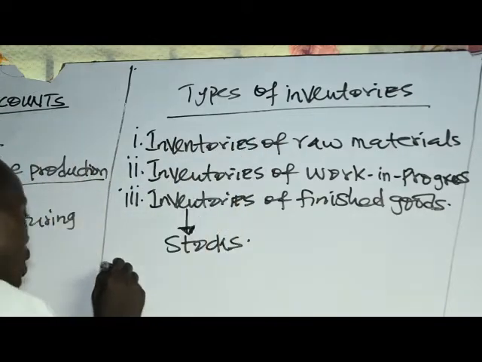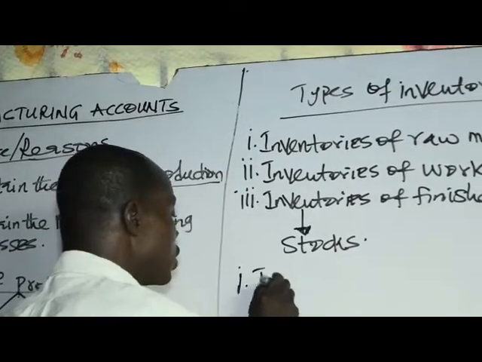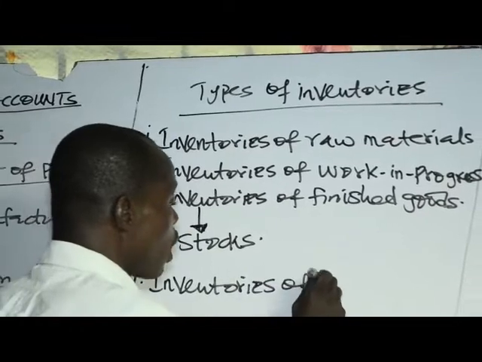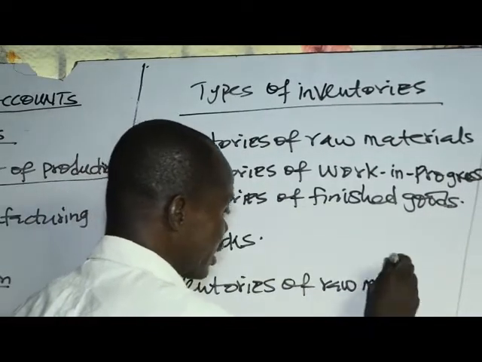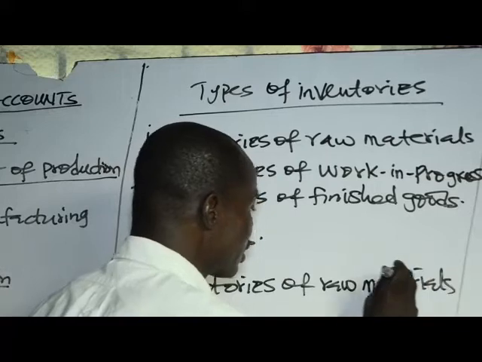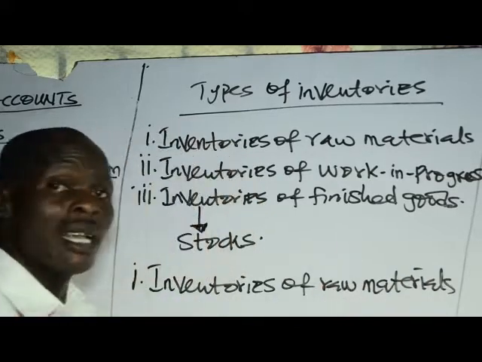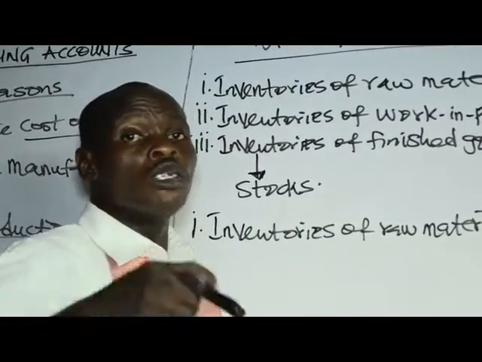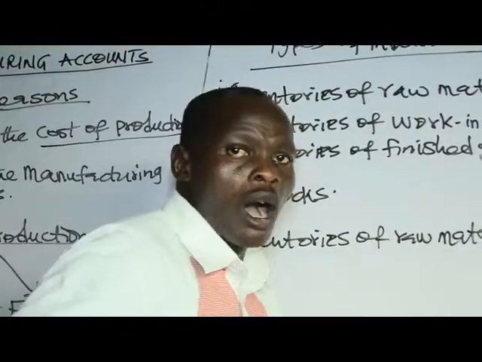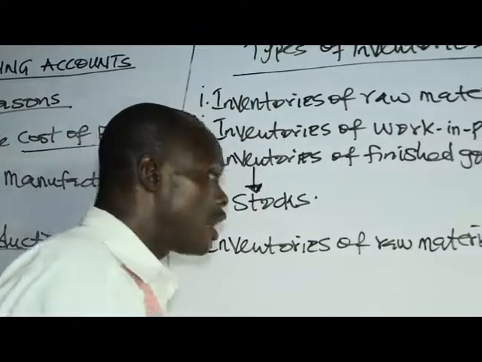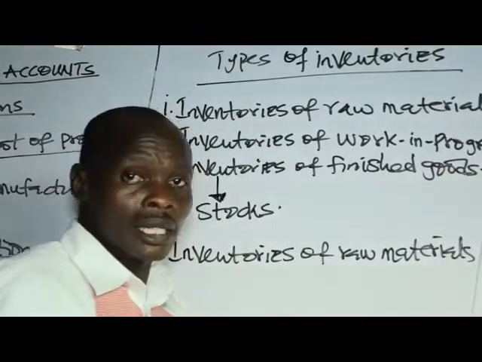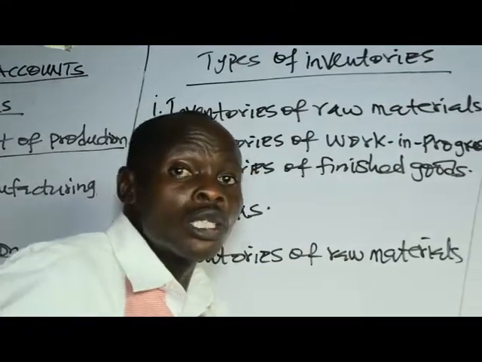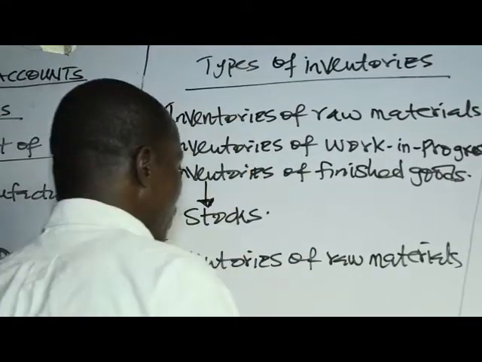I want to start with number one, inventories of raw materials. What are raw materials? Raw materials are the substances from which goods are produced or manufactured.